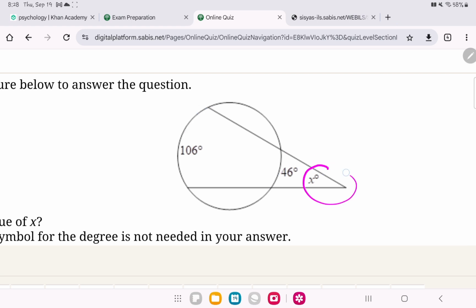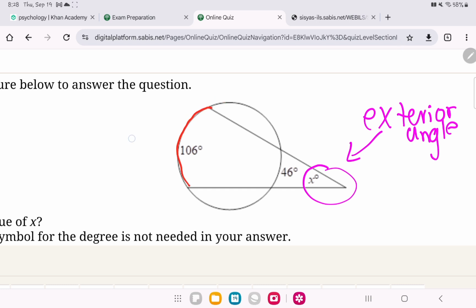So this exterior angle that we need to find, what do we do? We do the big measure, or the major measure, minus the minor or the small measure, over 2.